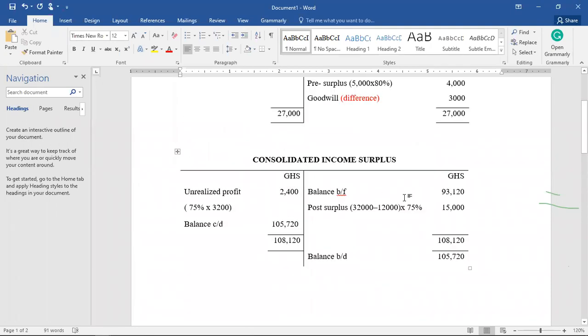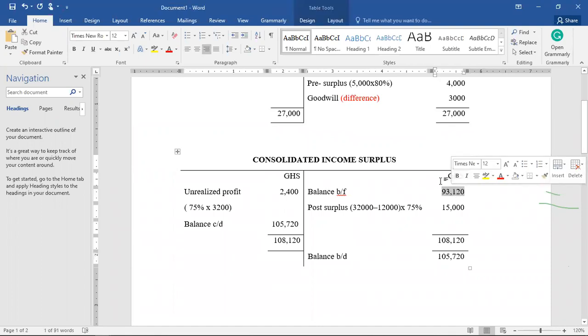Let's go and prepare our consolidated income surplus account. What is the opening balance of the parent company? Opening income surplus account, what's the total? 26,700.